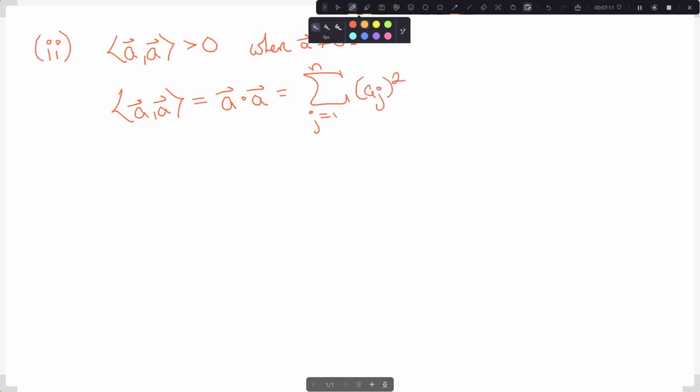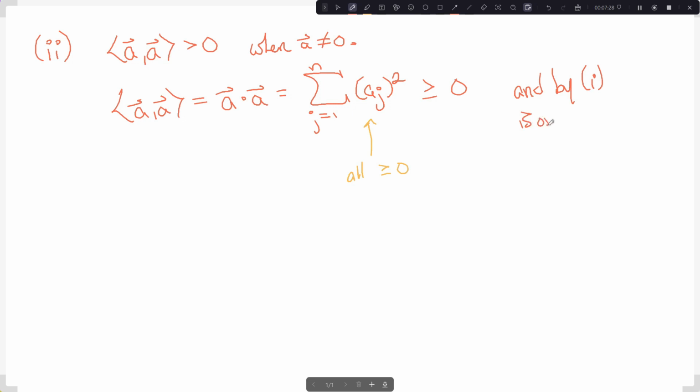And since all of these are non-negative, because they're square numbers, then in reality, that has to be non-negative. And by 1, which we already showed, is only 0 when a is 0.